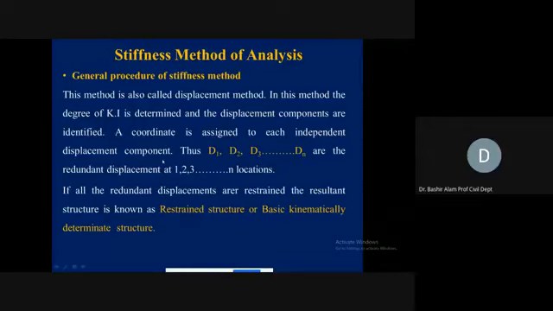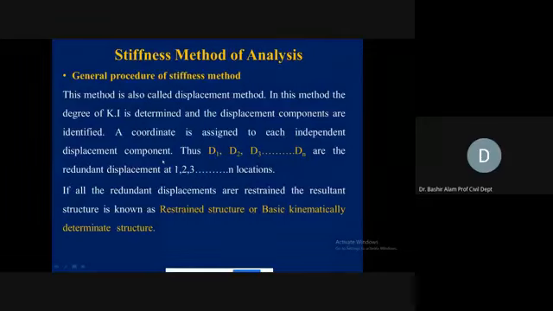So here now we will be labeling them as D1, D2, D3, and so on. D is the unknown displacement. So thus D1, D2, D3, and Dn are the redundant displacements at locations 1, 2, 3 up to n.